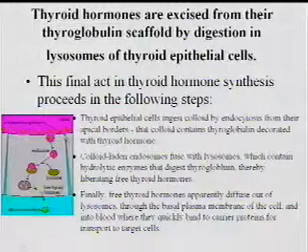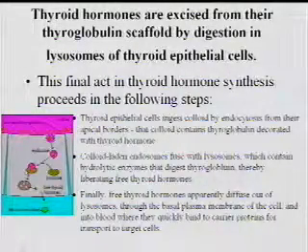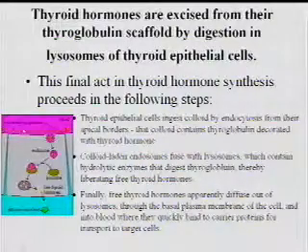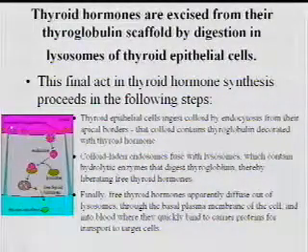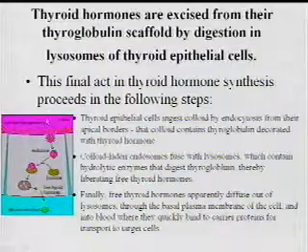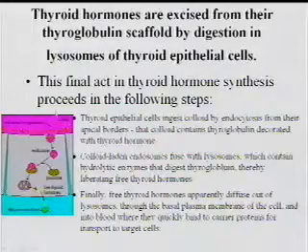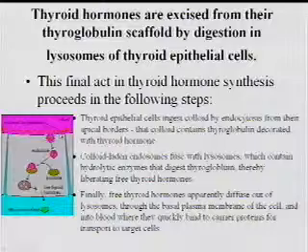So here we can see in this illustration, I know you can't see it all that well, but hopefully on your printout you can, or at the website, the source of this. The iodinated thyroglobulin is shown here with these red and green positions in the colloid at the margin with the apical membrane of the thyroid follicular epithelial cells.